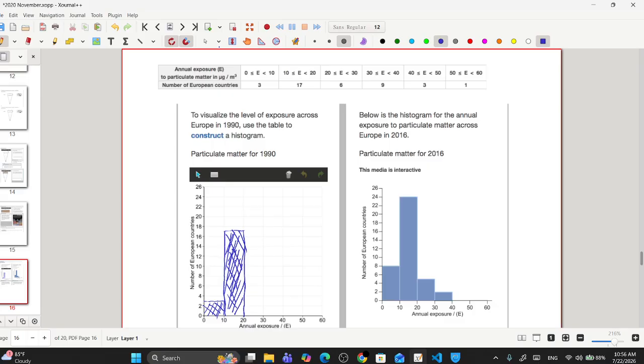Then 9 countries lie within the range of 30 to 40. 9 is between 8 and 10 here. 3 countries lie within the range of 40 to 50.